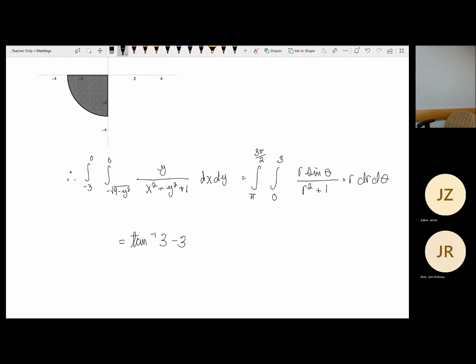Means next week we start triple integration.